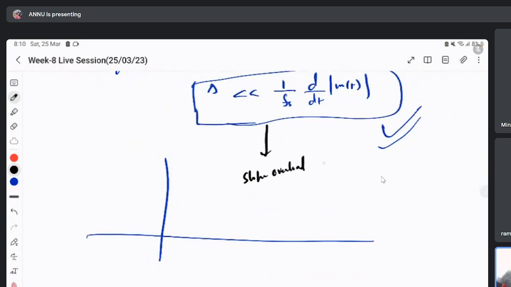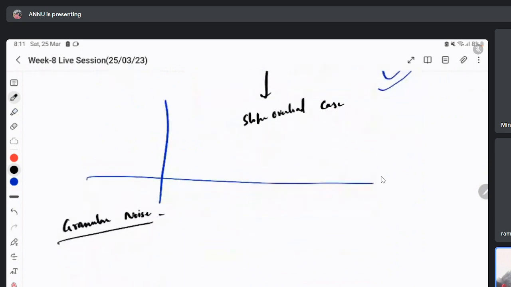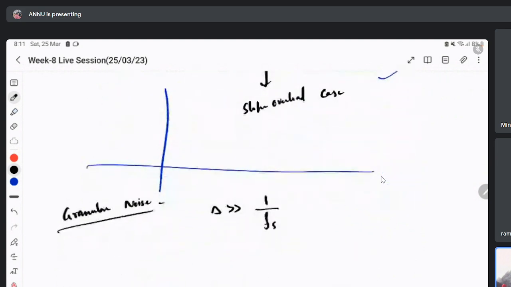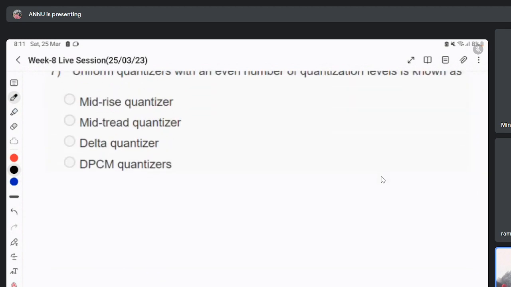So in the slope overload case, delta is greater than or equal to 1 by fs times d by dt of m(t). And then you will have no errors, and finally you can reconstruct the signal.